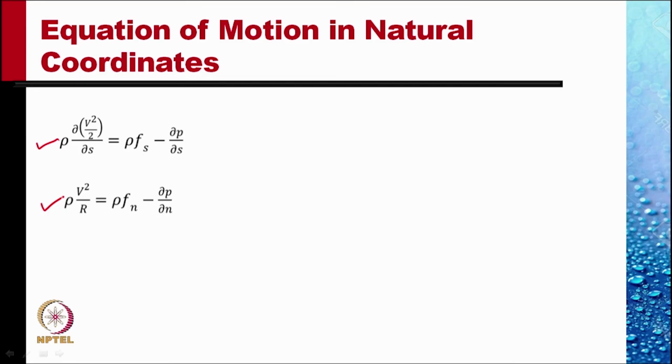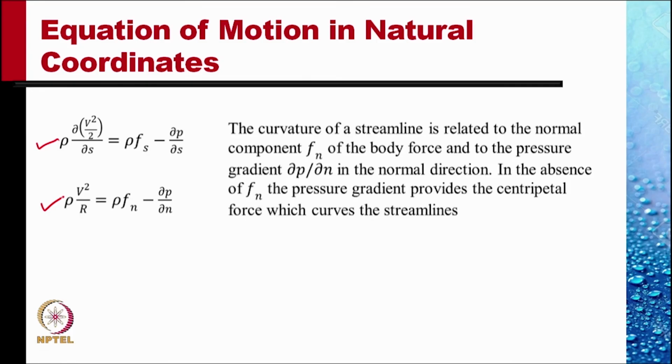These are the equations of motion in natural coordinates. The curvature of a streamline is related to the normal component Fn of the body force and to the pressure gradient del P by del N in the normal direction. In the absence of Fn, the body force, the pressure gradient provides a centripetal force which curves the streamline.